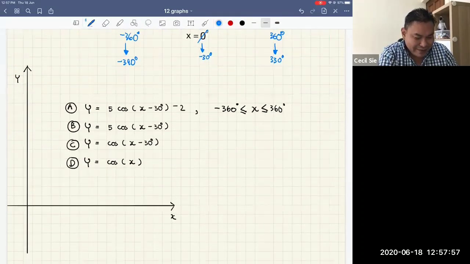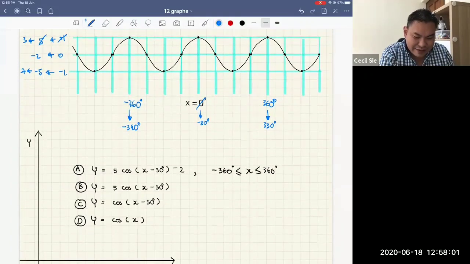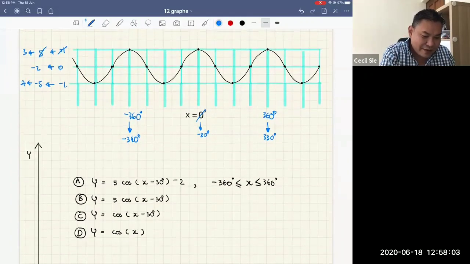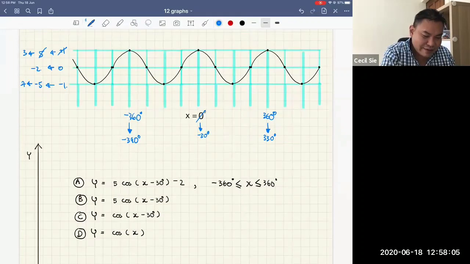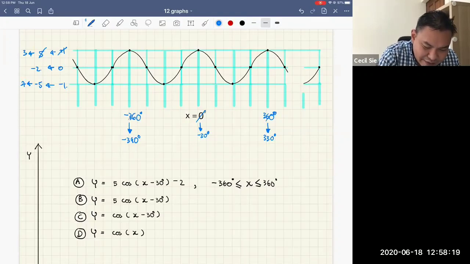What must we do? We must draw the x and y. Oh, I think we erase a little bit on the left hand side here. This is 360. This is 330, that means 360 is a little bit on the right side. We label here.